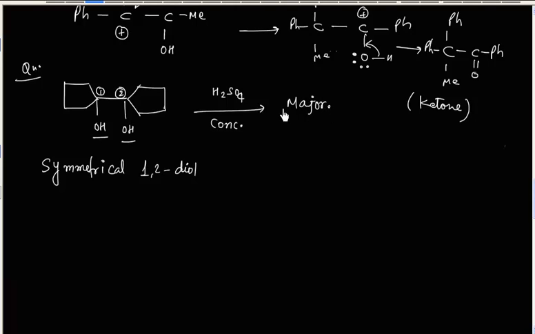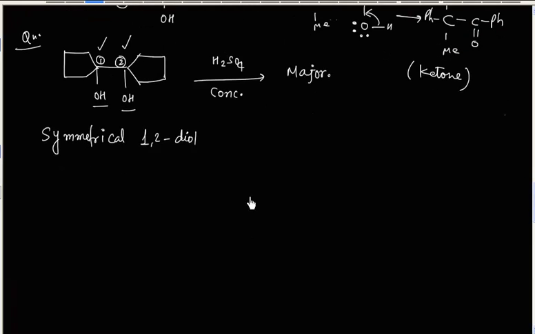Whenever we have a symmetrical diol, formation of carbocation is not a problem. We can form it at this carbon or at this carbon. Both will give the same carbocation. So in this case, with a symmetrical 1,2 diol, formation of carbocation is not an issue.